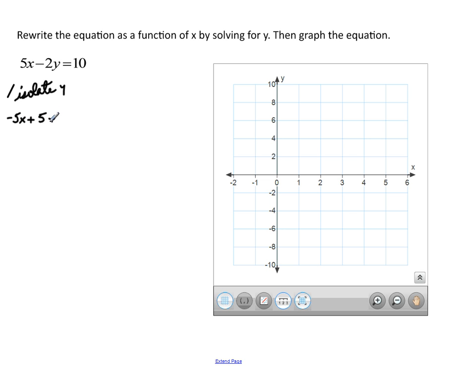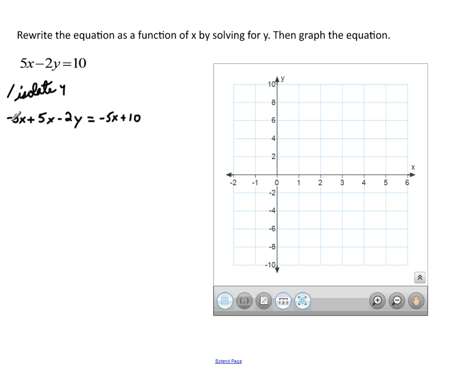Of course, the reason being that on the left, if we add negative 5x to positive 5x, we're going to get a 0. And if we add negative 5x to 10, we're going to get something that looks a little bit closer to the kind of equation that we want.